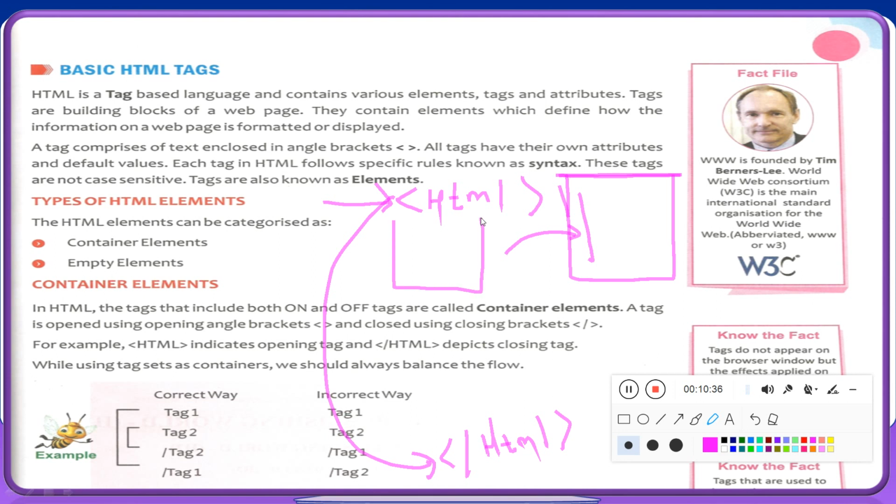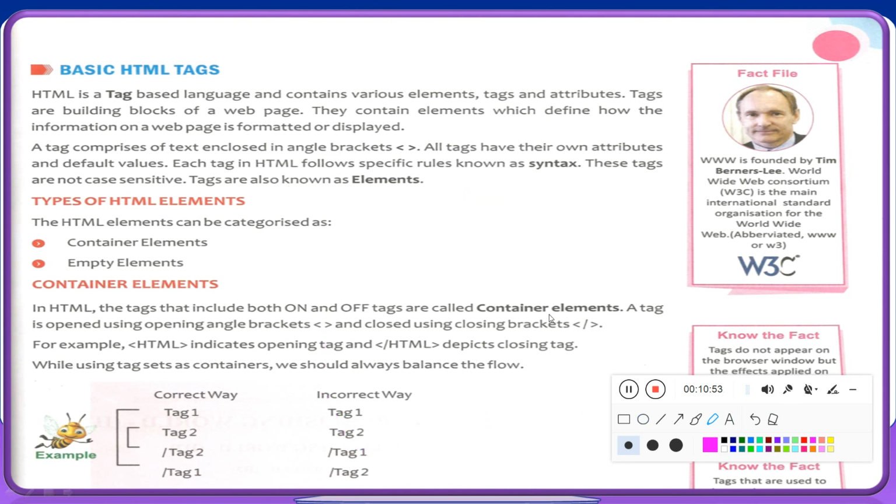So if this is my big box, will I close it and then put another box inside this? No. I will put the smaller box, and then first I'll close the smaller box, yes or no? And then I will close the bigger box. It's something like that only. If I open the HTML tag, which is acting as a bigger box, first, then I'll not close the HTML tag first.